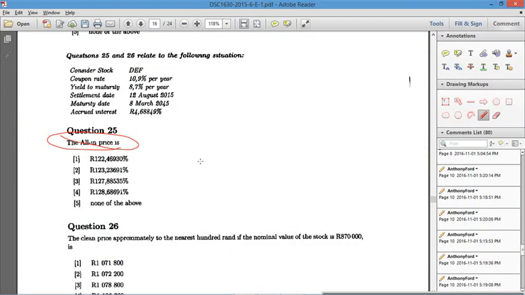I have looked at this question ahead of time, and I'm going to let you know now that sometimes there's a problem with the question. They're not specific enough in terms of telling you this is semi-annual. Okay, if you use what they've given you in the question, which is per year, which is annually, okay, you're not going to get an option that's there, right? And then I'm going to be choosing none of the above, right?